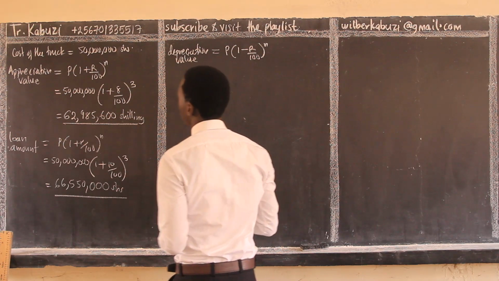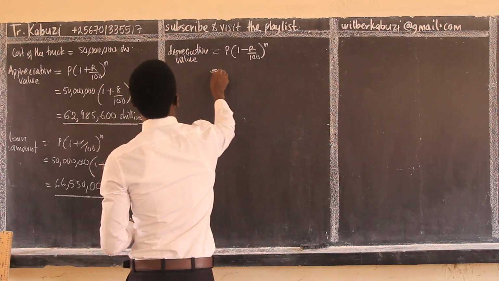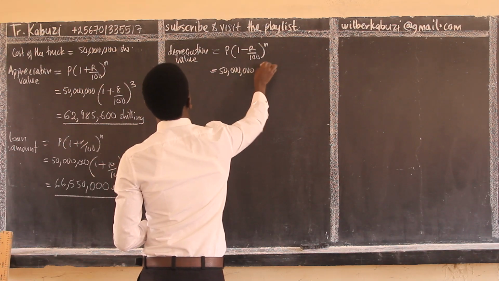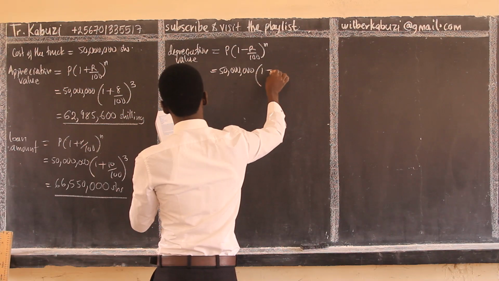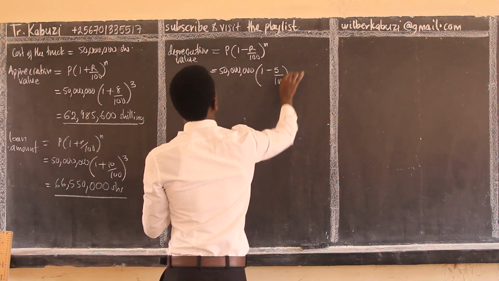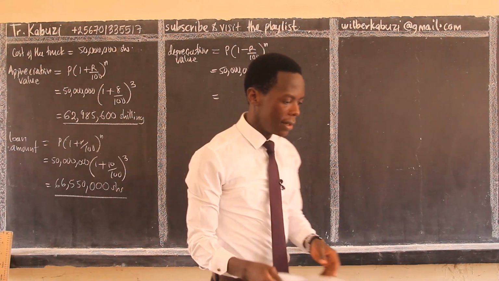So we want to know in the 3 years, let us consider 3 years. We shall be having its current cost, depreciating at a rate of 5% in 3 years. Let us get that and we'll see.